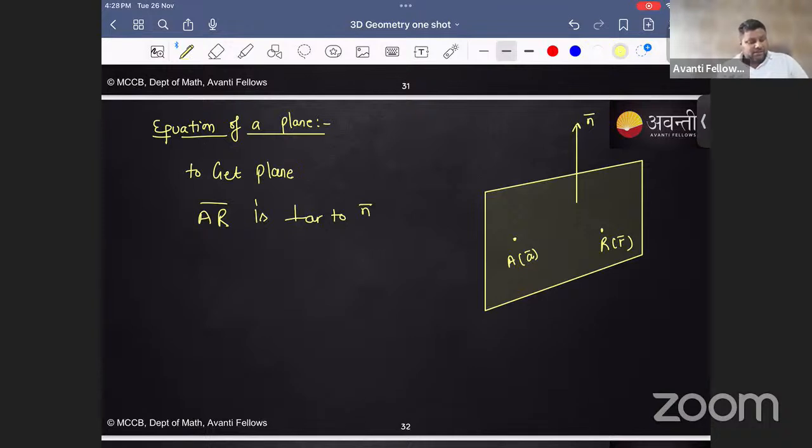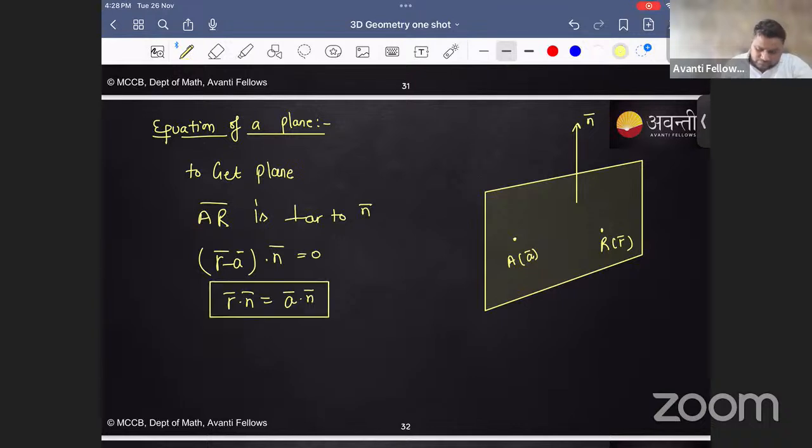AR vector is perpendicular to vector n. That means (R minus A) dot vector n is going to be 0. So that means R dot n is A dot n.